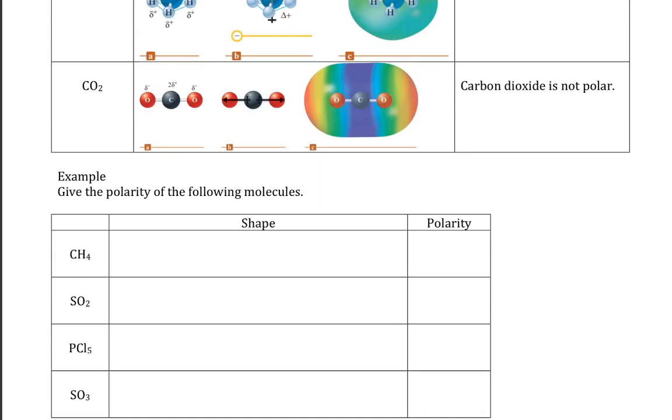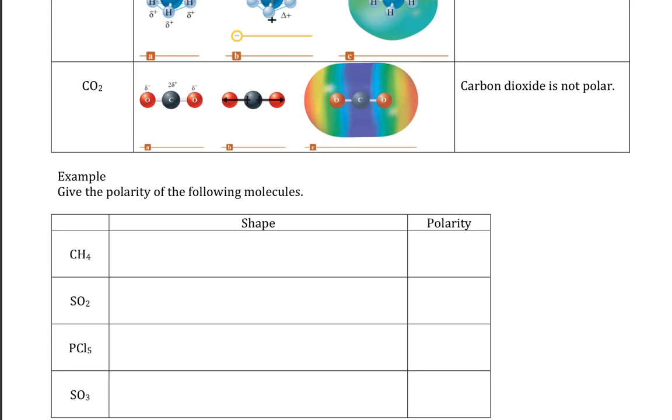CO2, so that's the last one here. So indeed, O is partially negative and C is partially positive, but notice, given the shape of the molecule, the O on the left pulls electrons just as much as the O on the right, and drawing our arrows, they're opposite each other. That is to say, it's like an even tug of war. There's no winner.